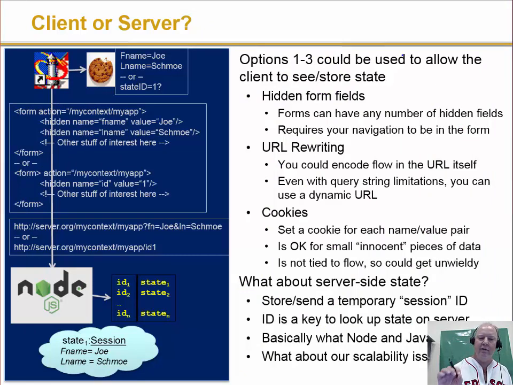When you do it from the client or in-band way, some mechanisms you might have are things like, as I said, a hidden form field. A hidden form field looks like this syntactically. This is an HTML file, right? It's buried inside a form action, and I can put things like first name and last name inside the hidden form field.